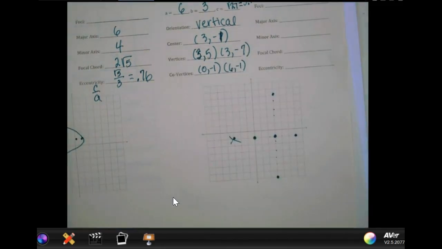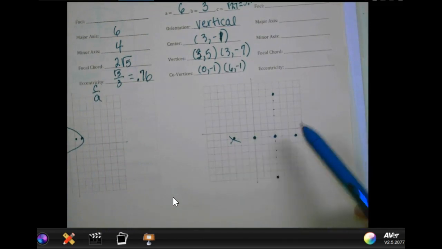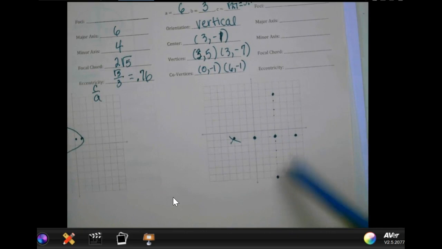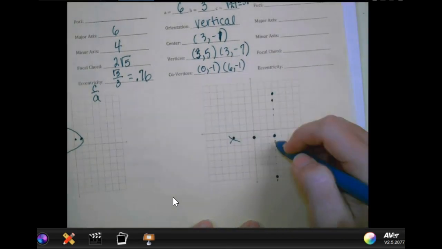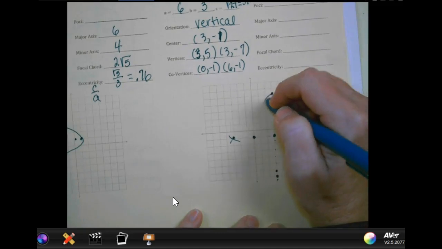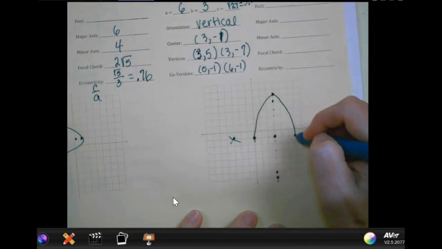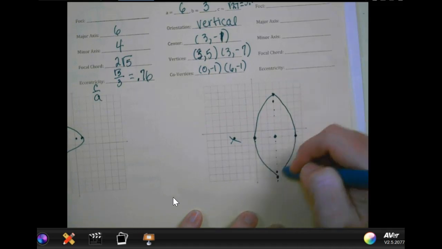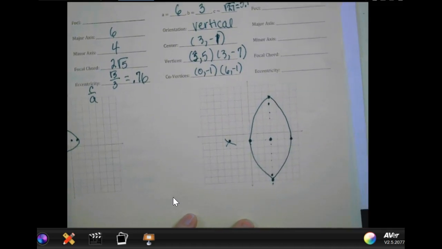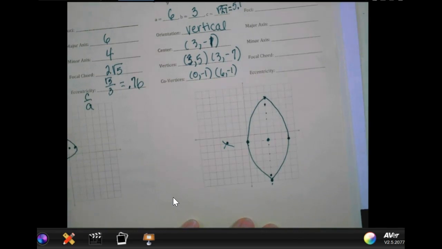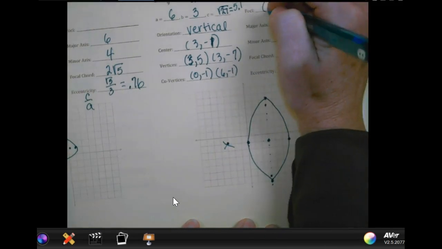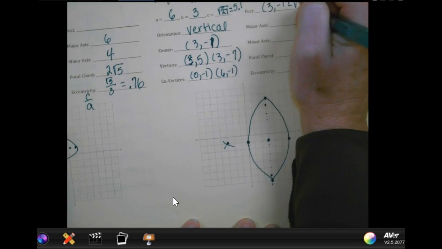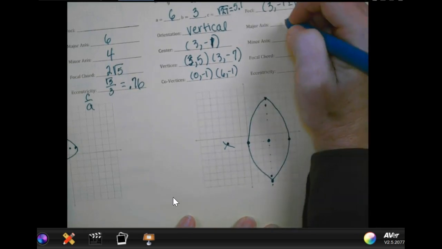Okay. So listen, literally if you can't do this, count. Where is this point? Where is this point? Where is this point? And where is this point? All right, we're going to add the focus, which is up 5, which is here, and down 5, which is here. We're going to draw our ellipse. Looks like a lemon. So the major axis is going to be 12.